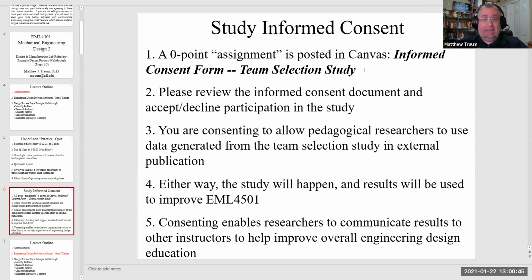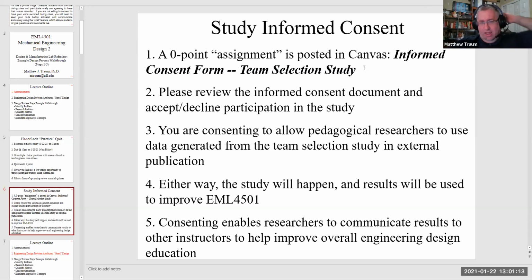So I don't know which sections are going to be randomized. I don't know which sections are going to receive which treatment, but one section is going to be random team selection for the major design project. One section is going to be, you get to pick your team members. And then the third section is going to be, we will do a skills survey, so a self-analysis of your skills, and then form teams based on people's self-reported skill sets.